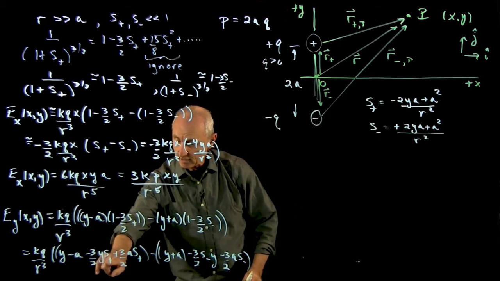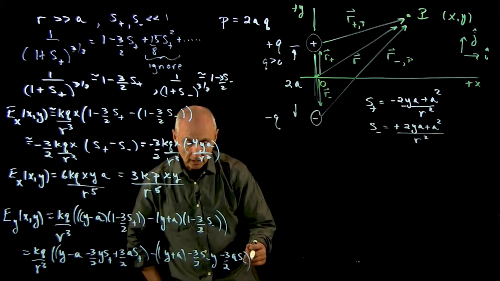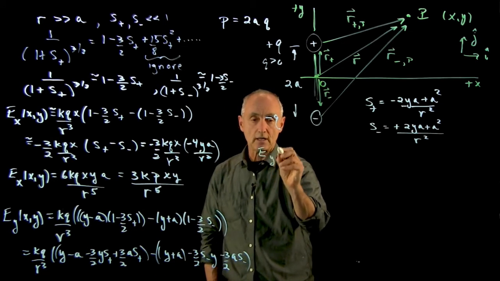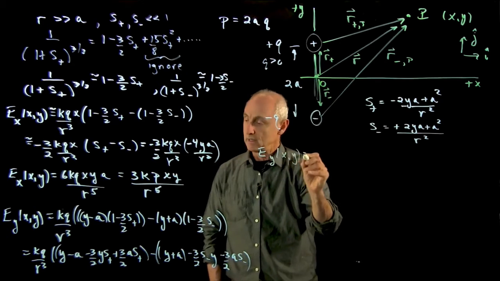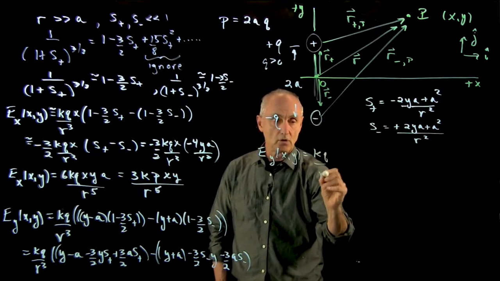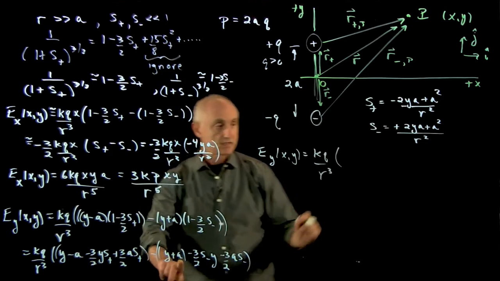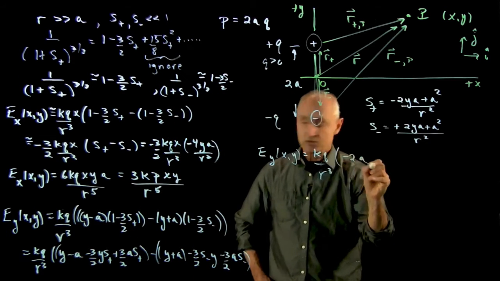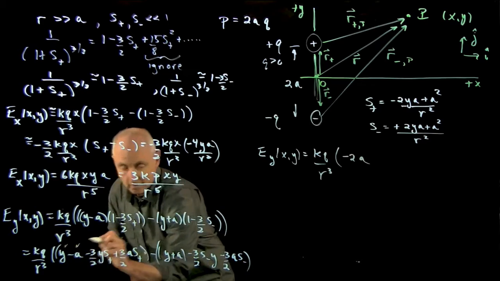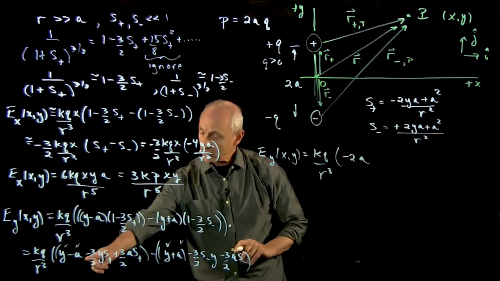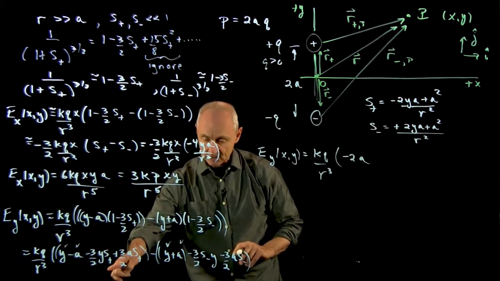And we have an extra term in here. So what we get is that E_y, x y, is kq over r cubed. We have a minus a and a minus a, so that's minus 2a. I'll just denote the terms that have canceled. Over here, we have minus 3/2 y s plus.